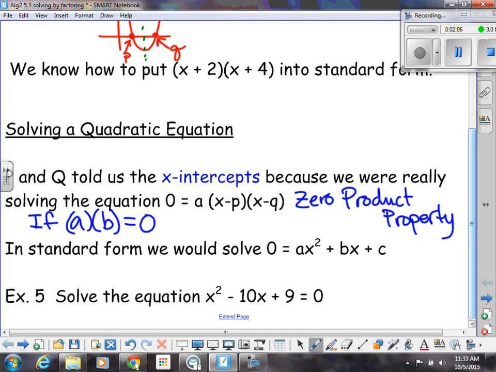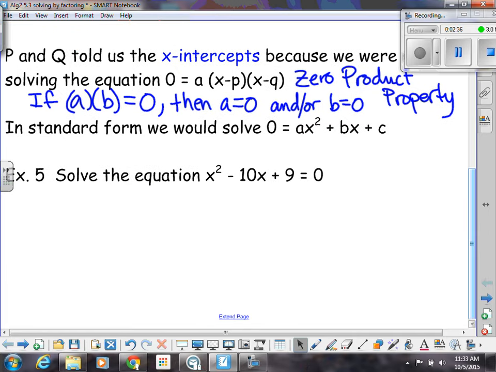If I asked you, I've got two numbers and I know they multiply to equal 0, what would you tell me about either A or B? Well, if we know this, then we know that either A has to be 0 and or B has to be 0. One or both of them has to be equal to 0 in order for them to multiply to equal 0. So that's called the zero product property, and we're going to use that to help us solve these quadratic equations.